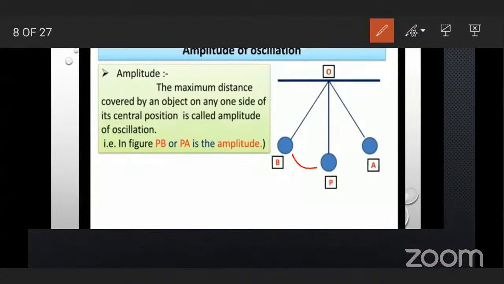This pendulum's maximum distance is this. So PB or PA is the amplitude here.